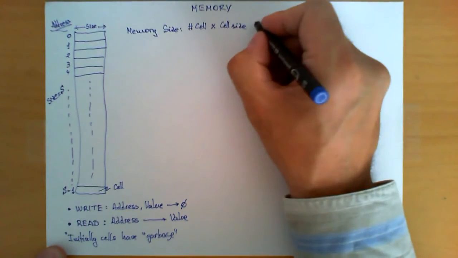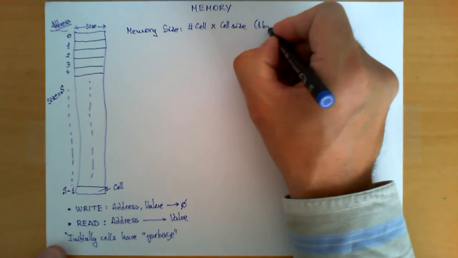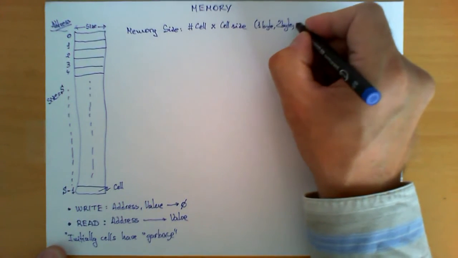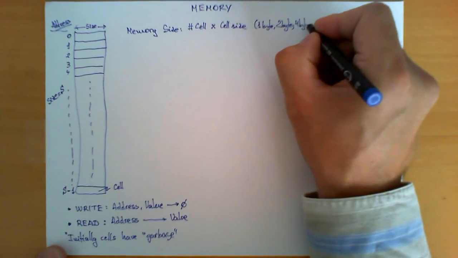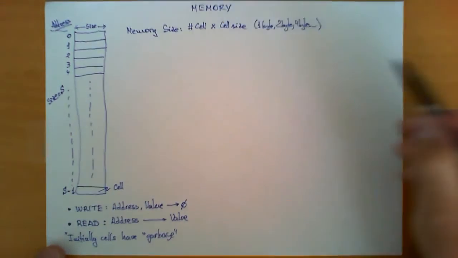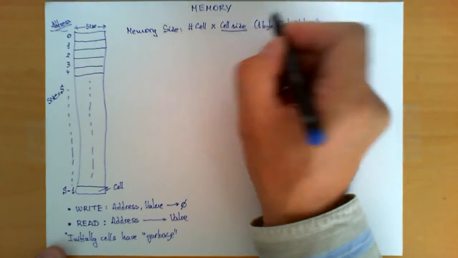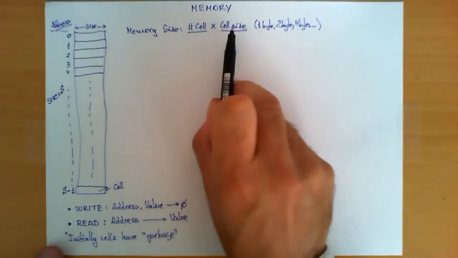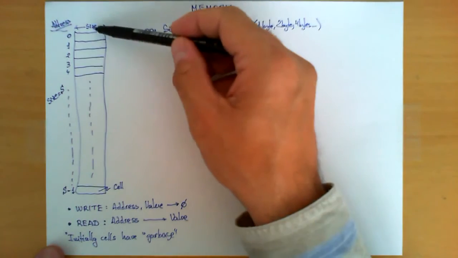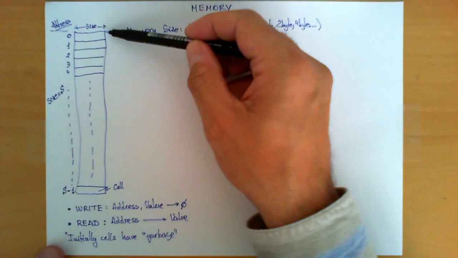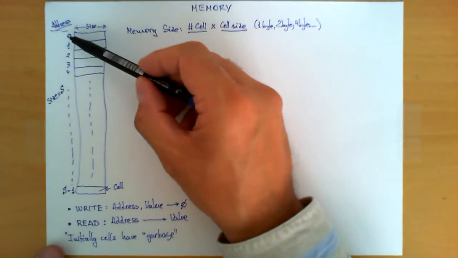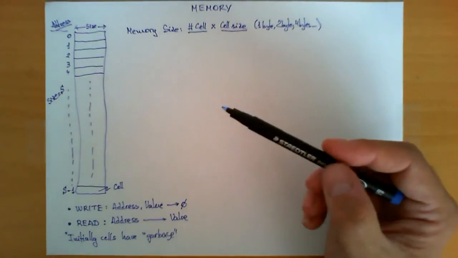As we said before, the cell size typically is either 1 byte, perhaps 2 bytes, or maybe sometimes even 4 bytes. Once you know the cell size and the number of cells, the size of a memory is just the product: the size of these cells times S cells, because our address value goes from 0 to S minus 1.